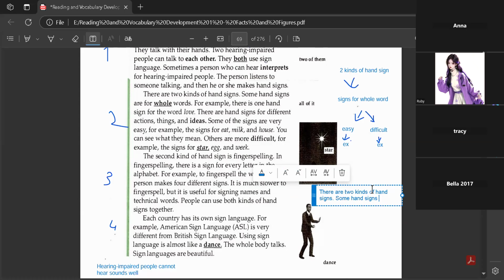Some hand signs are for the whole word. These are sentences that give information, so we're going to rewrite them.